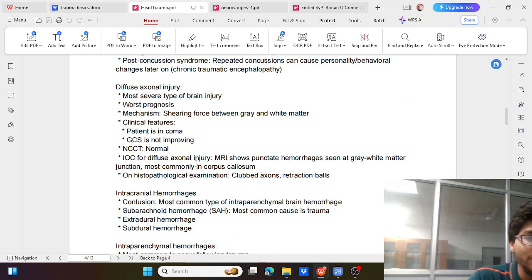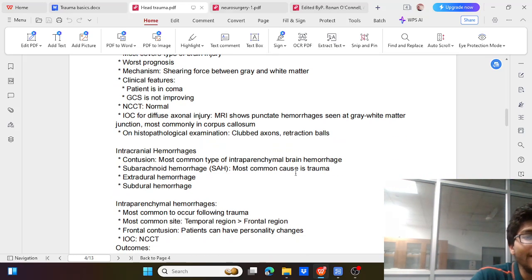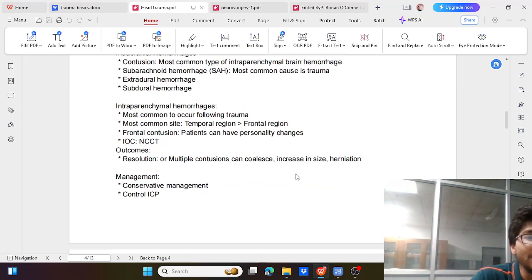The investigation of choice for diffuse axonal injury, that is DAI, is MRI, where we will see punctate hemorrhages, small hemorrhages at the gray and white matter junction, most commonly in the corpus callosum. That gives us the picture of diffuse axonal injury.